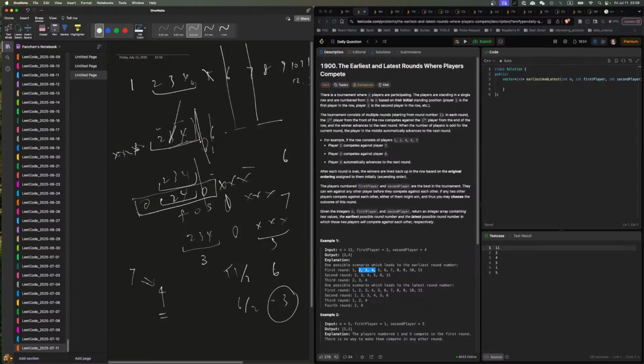Yeah, so we can keep doing this. Like if the remaining is still larger or equal to this, right? So I can keep going until a point where the half is smaller, right?